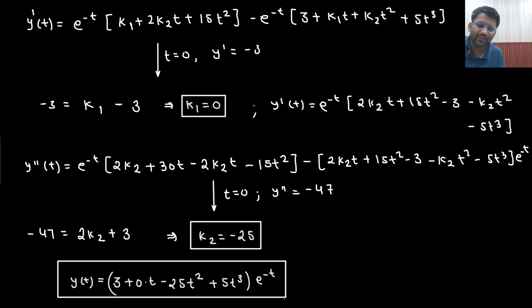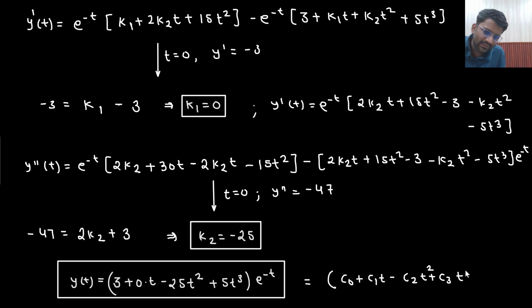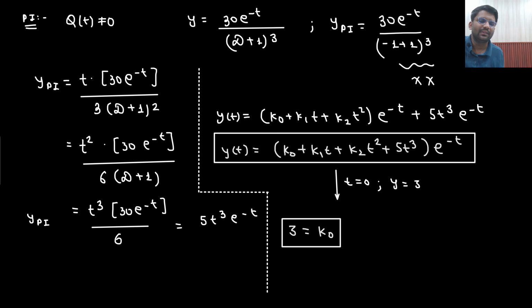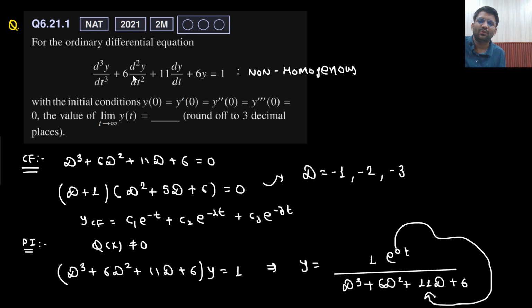This should be compared with c0 plus c1t minus c2t plus c2t square plus c3t cube, e to the power minus t.